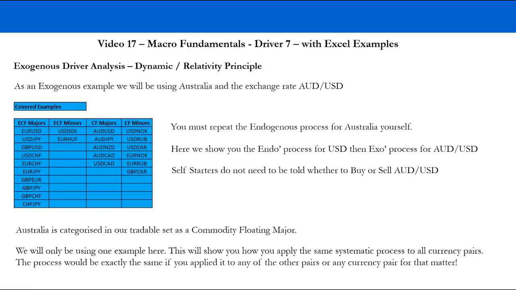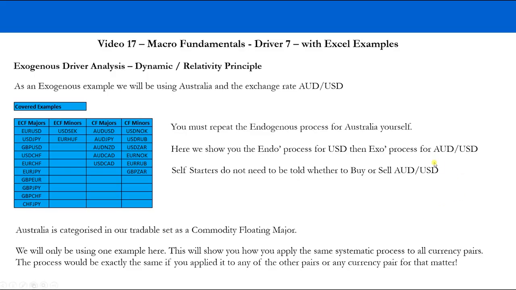Now, one thing we've just got to cover here quickly is something that we've touched on earlier in the video series and on a couple of occasions, which is that with an exchange rate, you can't basically buy another currency without selling another first. It's very important to know that and remember it when we're going into the exogenous analysis, because in the endogenous analysis, we're looking at a currency in its entirety. Now the dynamic relativity principle applies. You cannot buy another currency without selling one first.